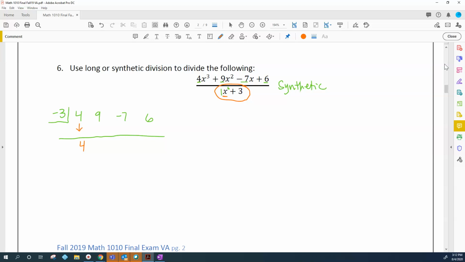Okay. So bring down the 4, and then we'll take that 4 and multiply it by the 3, so that's going to give me 12. Let me give you just a minute to finish this out. I kind of started it there for you, but let's see if we can get the rest of that.